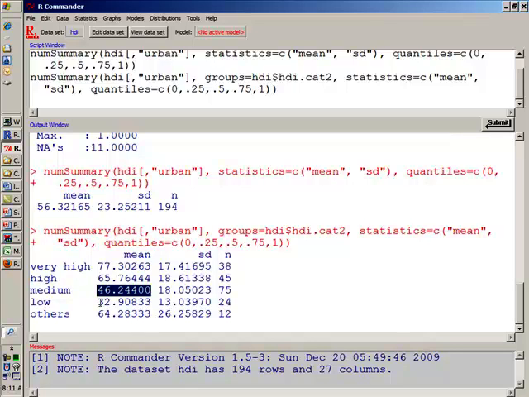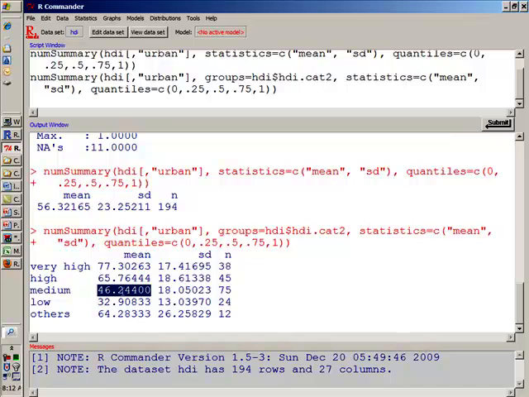So you can quickly draw some inferences that as countries become more developed, they become more urbanized. The very highly developed countries are much more urbanized than the low developed countries. So there is a sort of link, a correlation, between the rate of urbanization and the state of the economy, or state of human development.